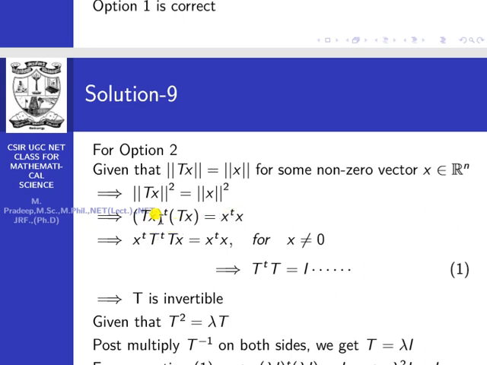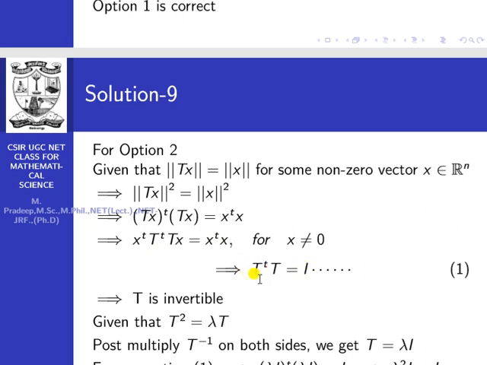If you take the transpose, Tx whole transpose equal to x transpose into T transpose. When you use the left cancellation and right cancellation, T transpose into T equal to I, because everything cancels. So this gives the first equation: T transpose into T equal to I.